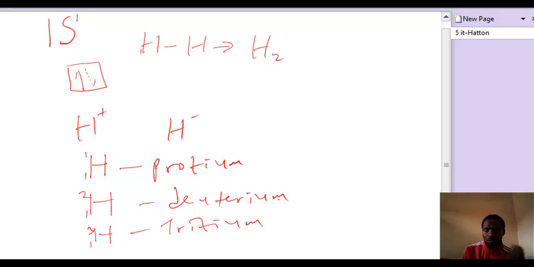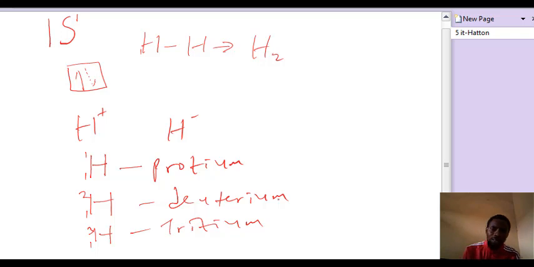The mass of the first one is just 1. The mass of the second one is 2, meaning it has both a neutron and a proton in its nucleus. The first one lacks a neutron, while the second has 1 neutron and 1 proton, making a mass of 2. Then tritium, the radioactive substance, has 2 neutrons and 1 proton, making a mass of 3.